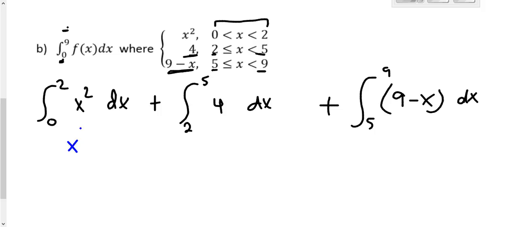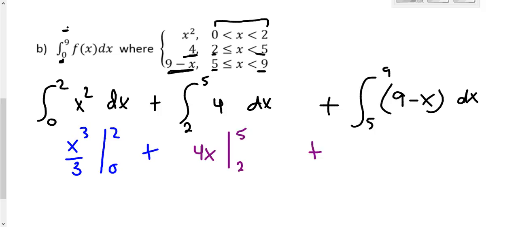So we are going to have x cubed over 3 from 0 to 2 plus 4x from 2 to 5 plus 9x minus x squared over 2 from 5 to 9.